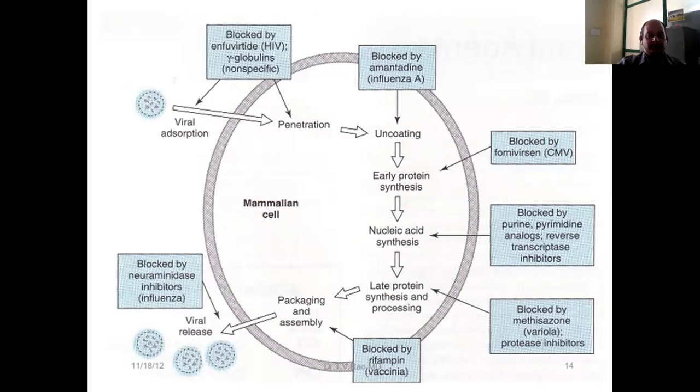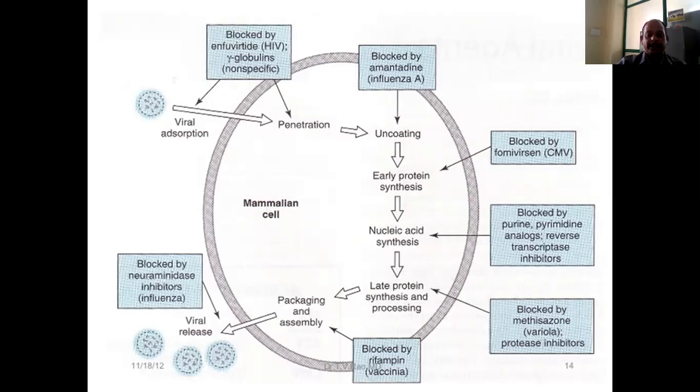Antiviral agents, for example enfuvirtide, that blocks the gp41 glycoprotein, which is performing the action of viral adsorption as well as penetration.